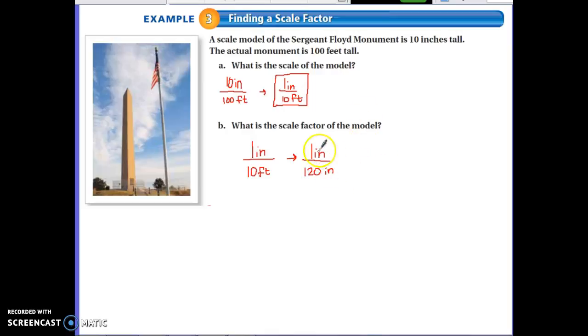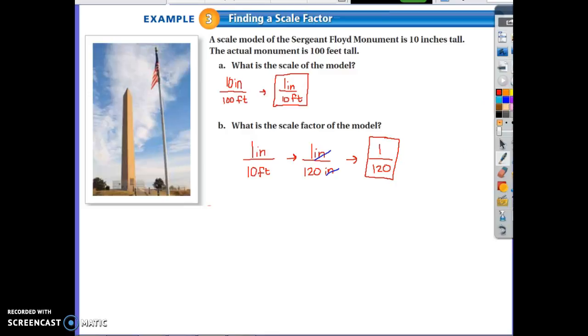And now that I have those units repeated in both the numerator and the denominator, I can reduce them out of my fraction, and what I end up with is a scale factor of 1 over 120. So what we have found is that the model of the actual monument is 1/120th of the height. This is our scale factor.